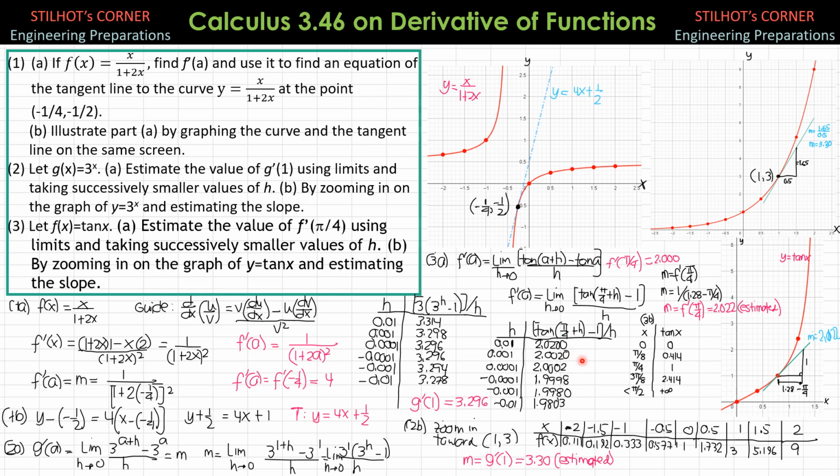So the derivative is supposed to be 2 when x is pi over 4. But we just move on. At negative 0.001, 1.998, and at negative 0.01, 1.9803. So we conclude that f prime at pi over 4 is equal to 2.